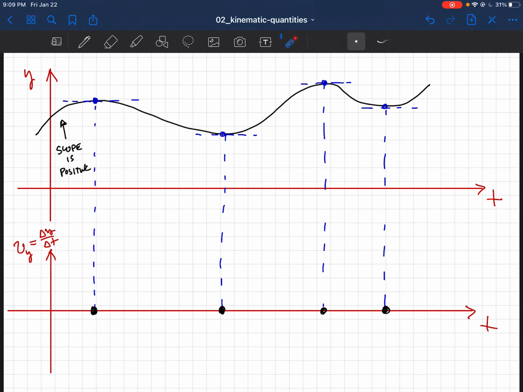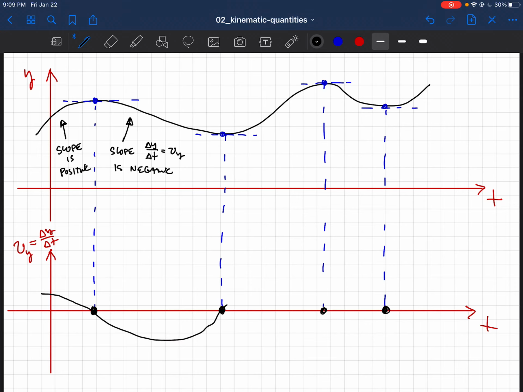So everywhere before this line where it's 0, the slope is positive. And here, the slope, which remember is delta y over delta t, which is Vy, is negative.